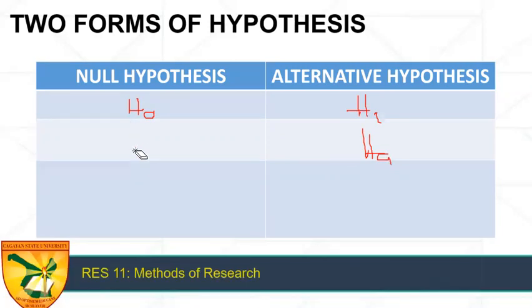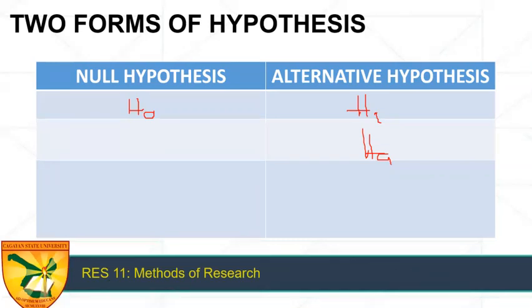So your H naught is the assumption that we are trying to reject. It usually states that there is no difference between your intervention and the thing that you have an intervention with. So we are trying actually to reject that null hypothesis that there is no significant difference, because what we want is there is a significant difference if we use a certain intervention.